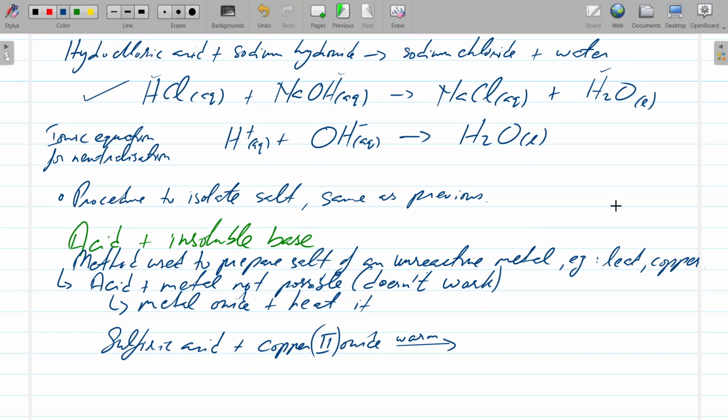Sulfur oxide. Well, no. It's like copper sulfate, a salt. A salt is basically a metal and a non-metal. Copper sulfate. Exactly. So you're going to get copper 2 sulfate and water.